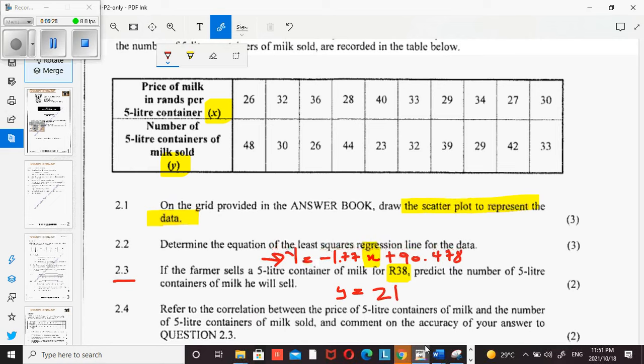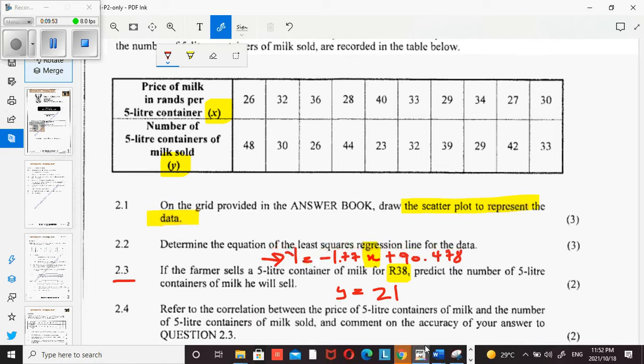Okay, so the last part of the question says refer to the correlation between the price of 5-liter containers of milk and the number of 5-liter containers of milk sold, and comment on the accuracy of your answer to question 2.3. So if you look at your scatter plot, you will see that there is a negative correlation there.